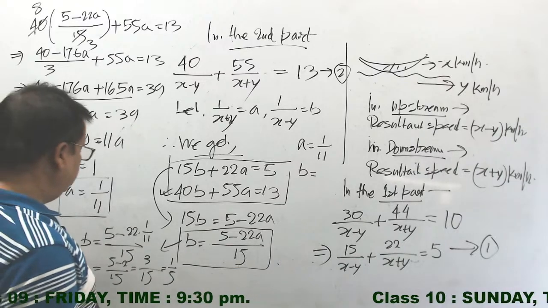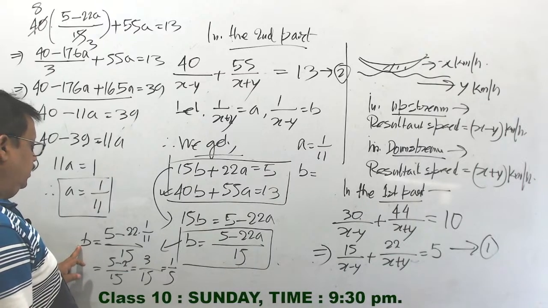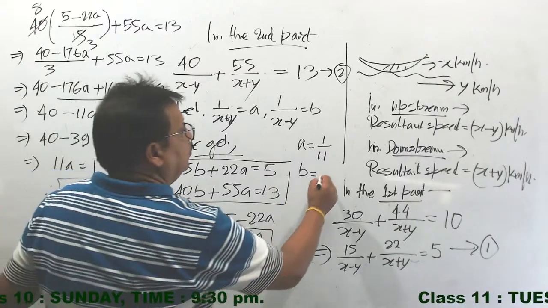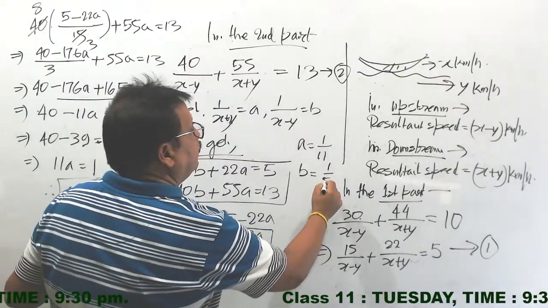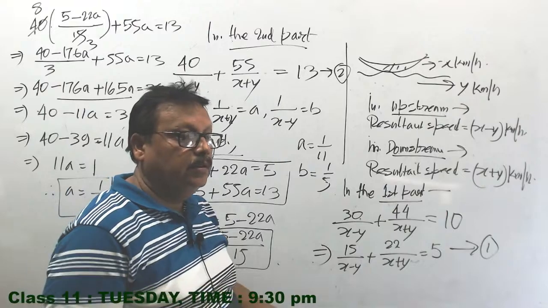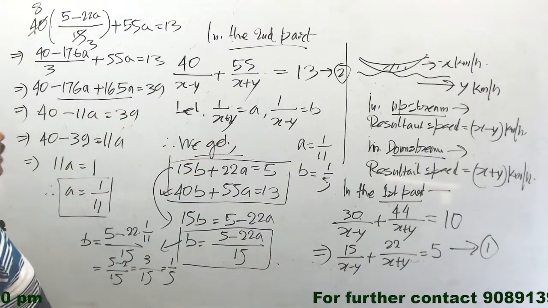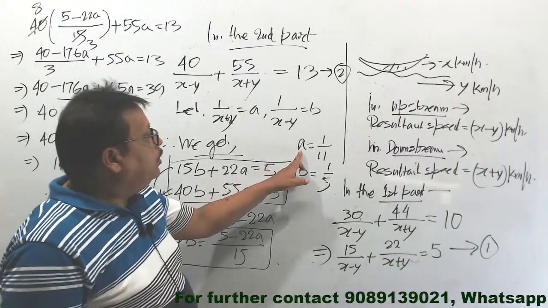So you got b is equal to 1 by 5. Check. b is equal to 1 by 5. Now you got a and b.